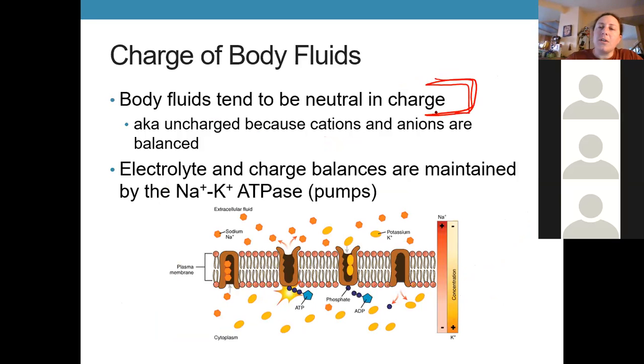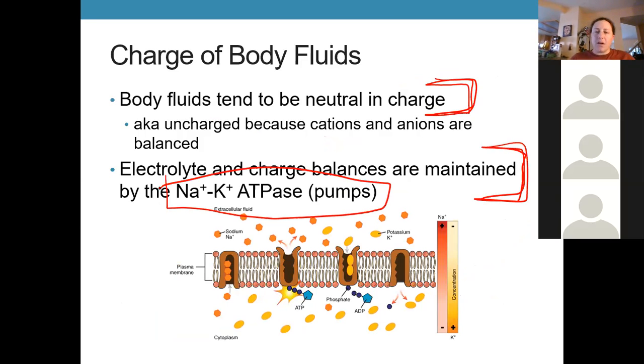So when there's charge differences, it's just at the membrane. It's not the whole fluid inside the cell or outside of the cell. And we know that the concentration gradients and the charge gradients are maintained almost exclusively by sodium potassium pumps. There are other things at play here, but almost exclusively these pumps.